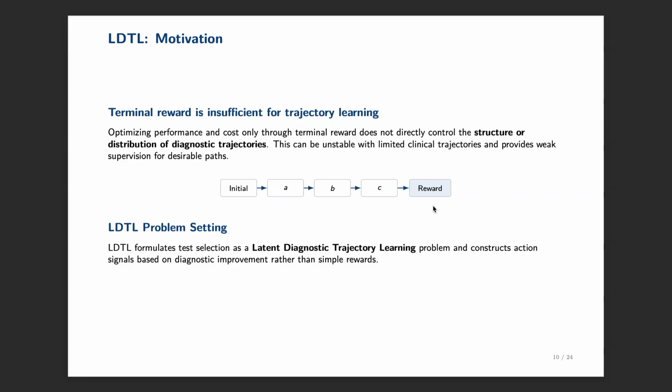This means the reward can optimize accuracy and cost, but it does not directly supervise the structure of the diagnostic path. So they formulate the test selection process as latent diagnostic trajectory learning. Instead of relying only on final reward, it constructs action level signals from diagnostic improvement.